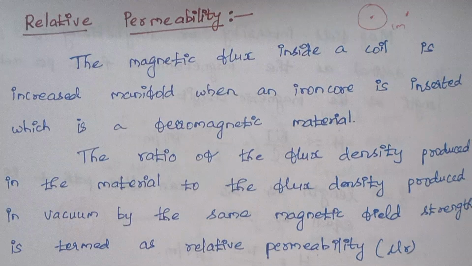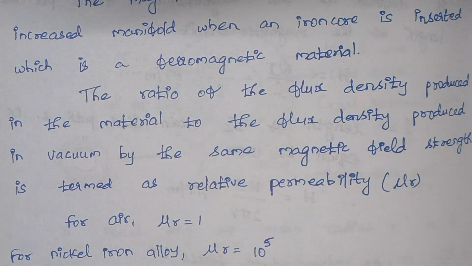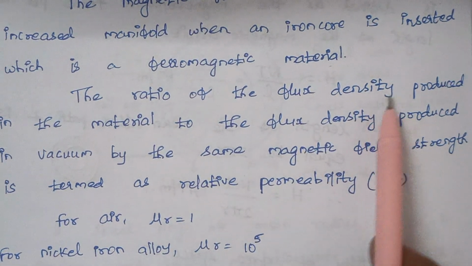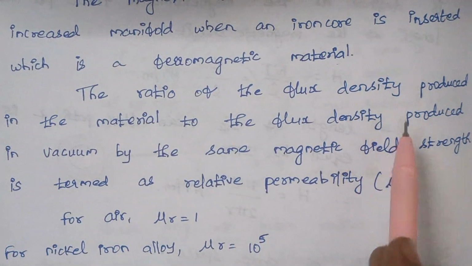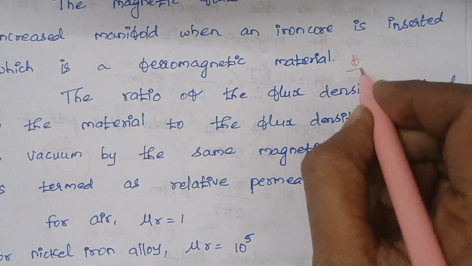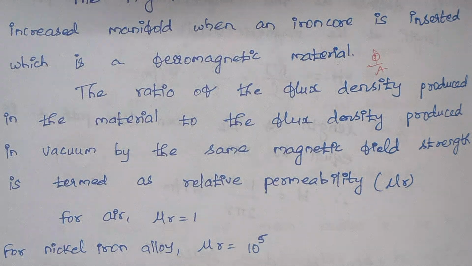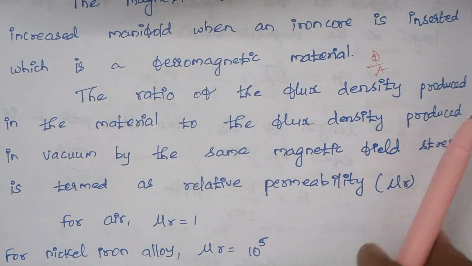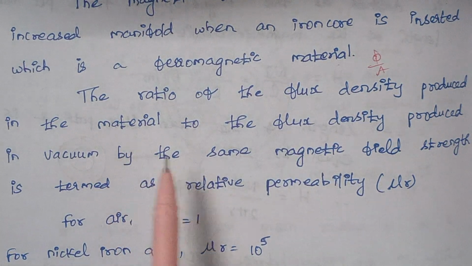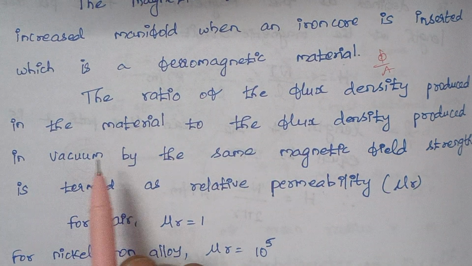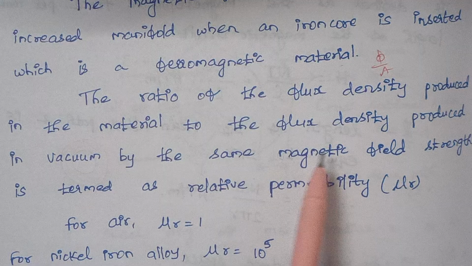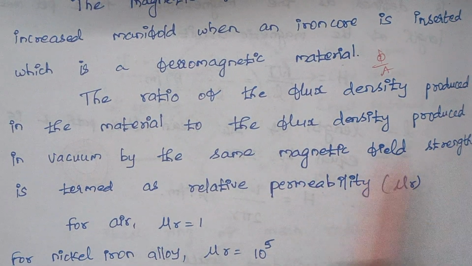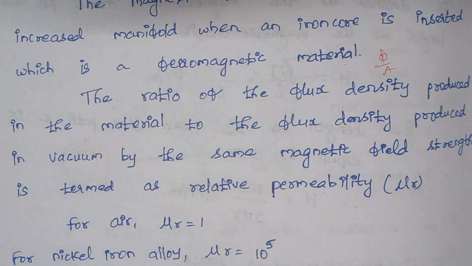So, you see, the ratio of the flux density. What do you mean by flux density? Flux density is nothing but the flux produced in an area. So, the ratio of the flux density produced in the material to the flux density produced in vacuum by the same magnetic field strength is termed as relative permeability.